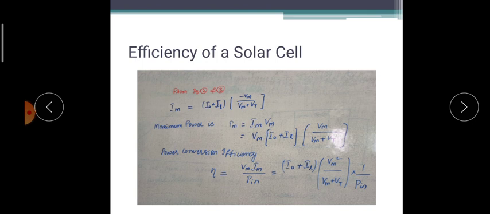As a result, the efficiency of a solar cell falls down to 10 to 15%, as most of the radiation falls below the energy gap or above the energy gap.